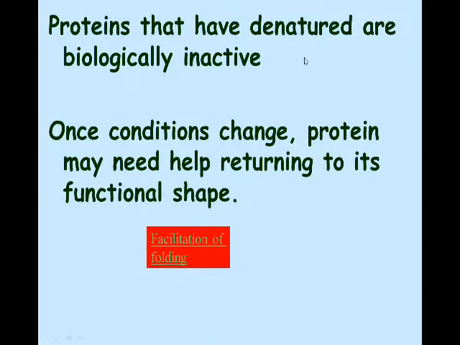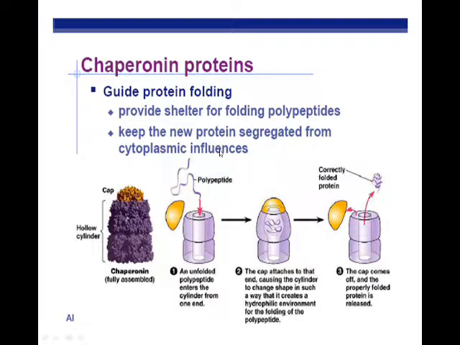When they lose their shape, we say they denature, it causes them to start to unwind, and they may need a little help to get back to working again. Cells have some molecules that help proteins refold if they get denatured. They're called chaperonins. Think of the word chaperone, kind of a guide or a helper to help you along your way.